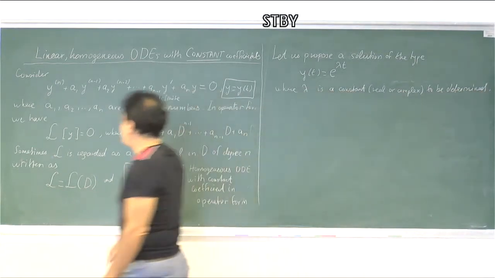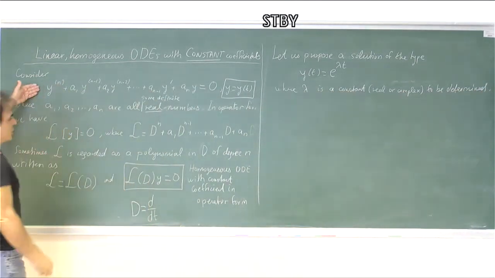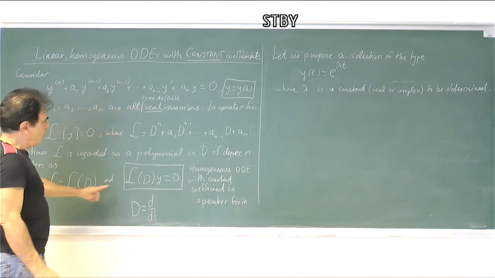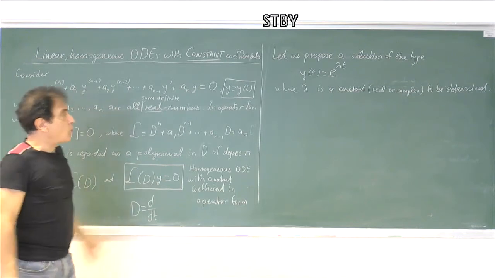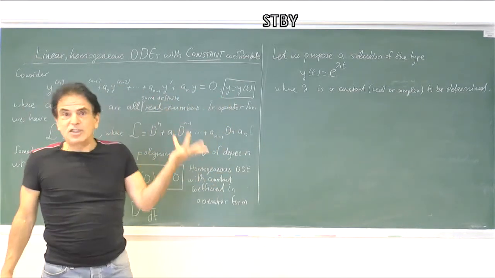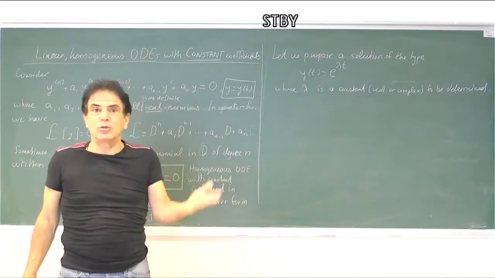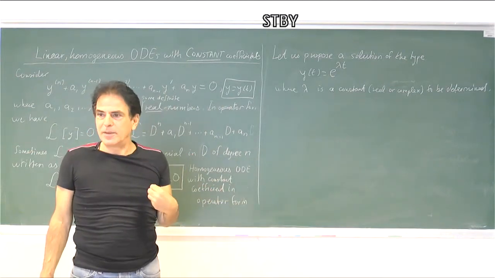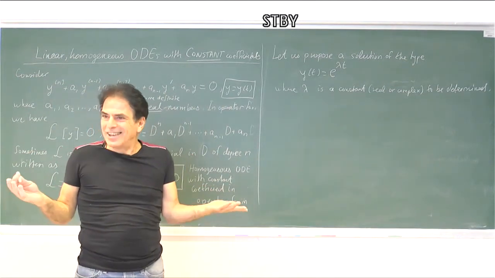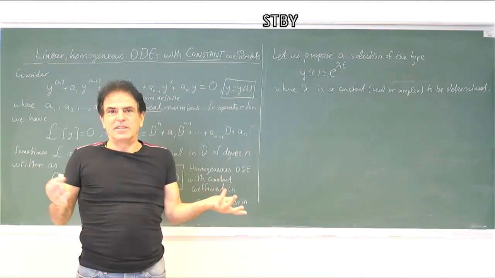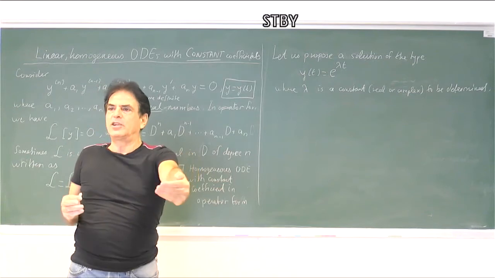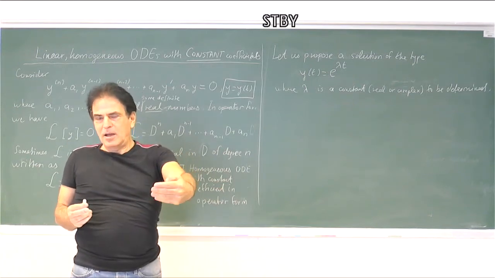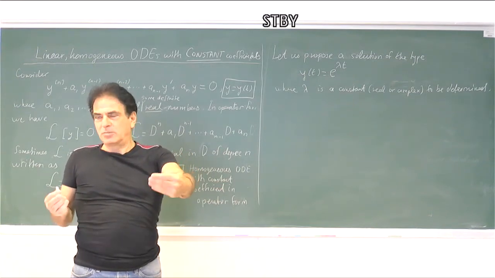Good? Now, this is our equation, or in operator form, this is our equation. So, if a function is suggested as a solution of a differential equation, to fix ideas, we implicitly say that substitution of that function into the differential equation is possible.